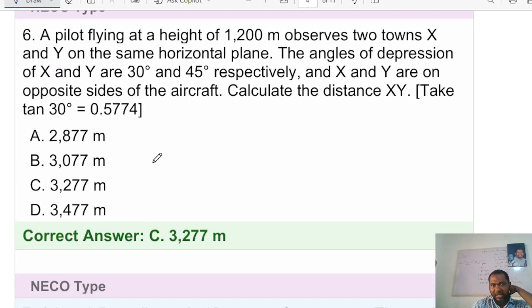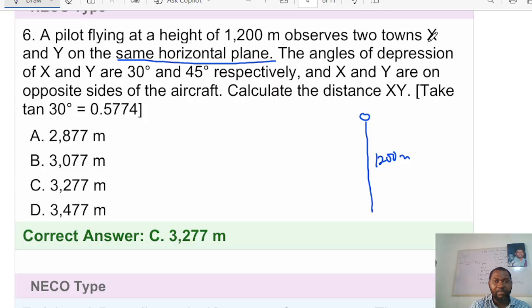Now this one says a pilot flying at a height of 1,200 meters. That's very high. Observes two towns, X and Y, on the same horizontal plane. You should be reading and looking out for the instructions, the little details that can give us an idea. So this is the plane at a height, and the height above the ground is 1,200 meters.